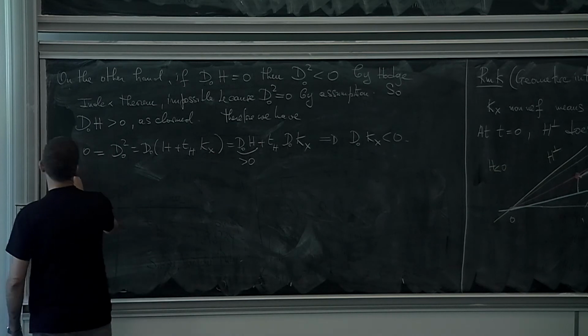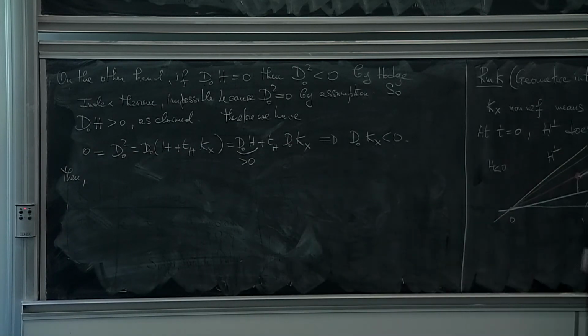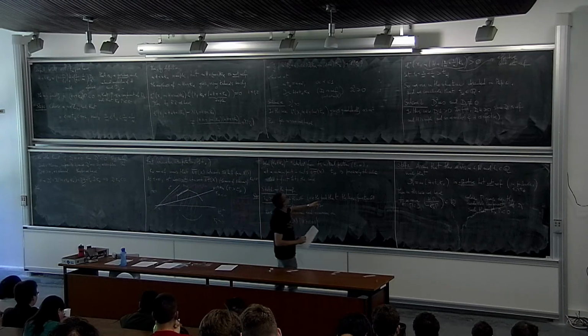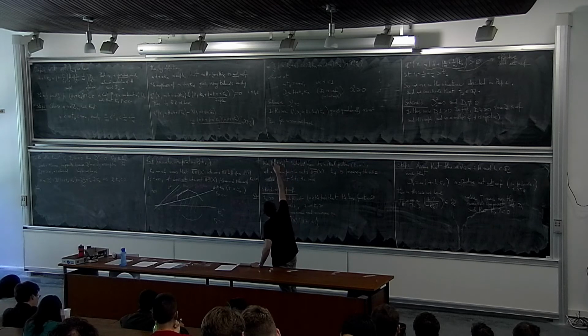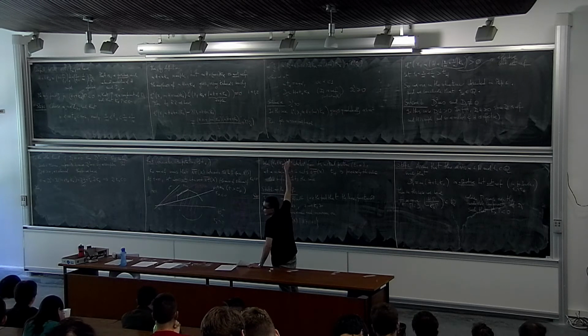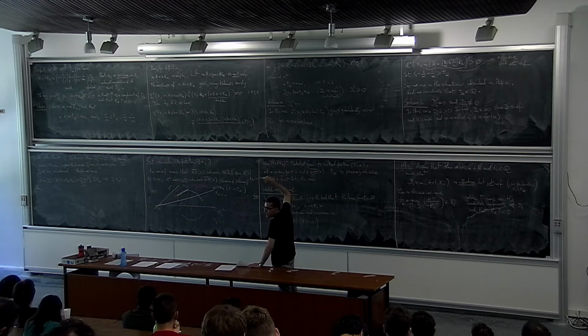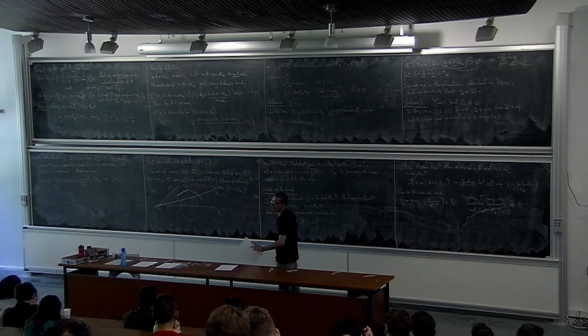Then look at the asymptotic expansion given by Riemann-Roch. We have 1/2 m squared d0 squared, d0 squared is 0, so there is no such term, then m times 1 minus 2 alpha times d0kx. d0kx is negative, and 1 minus 2 alpha is negative as well, because alpha is between 0 and 1. So there is a positive coefficient in front of m. And again, we are in the situation of step 1.